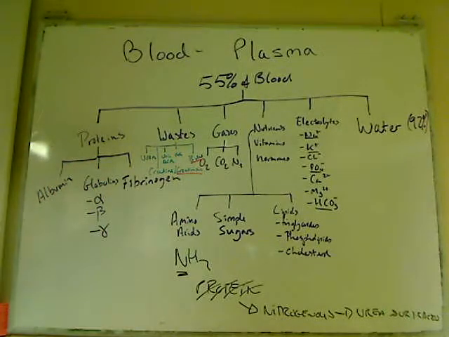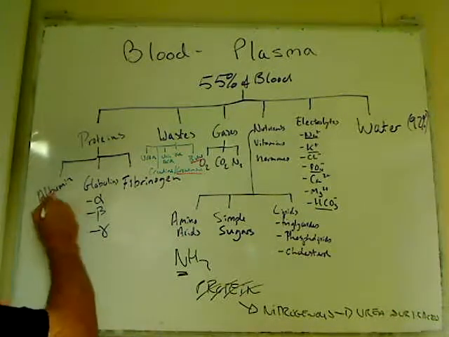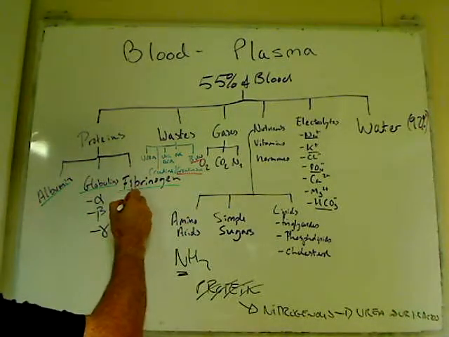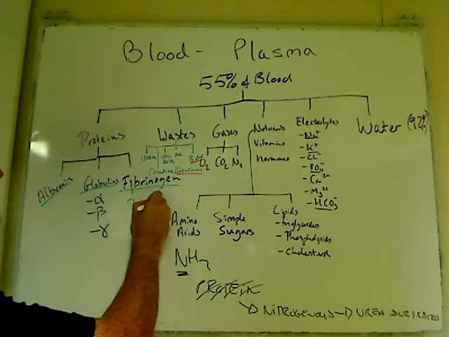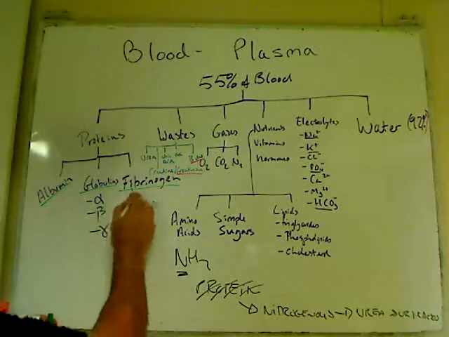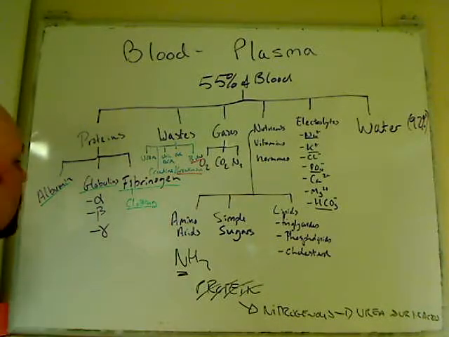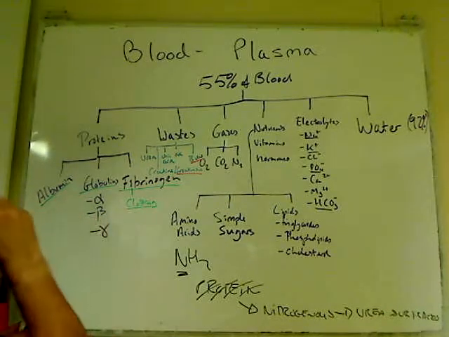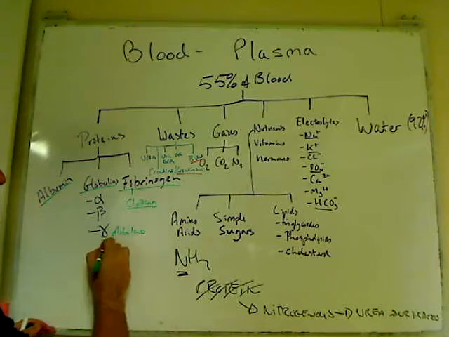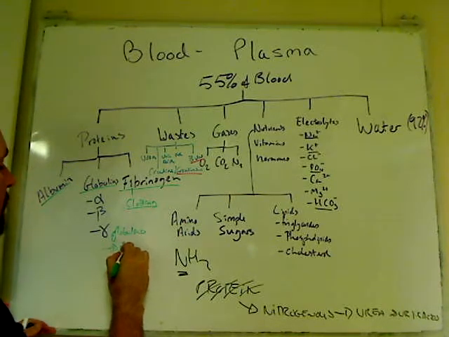Finally, proteins. Well, we've got three types of protein. We have albumin, globulins, and fibrinogen. Going from last to first, fibrinogen, the final part of clotting, which we're going to look at in one of the talks for this. So I'm going to leave that pretty much to when we talk about hemostasis or clotting. The globulins, gamma globulins, are involved in the immune system.